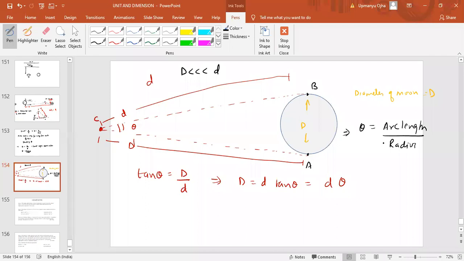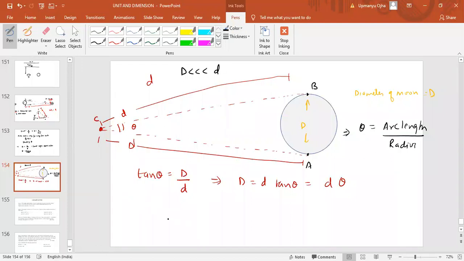So it is not necessary that it should be a right angle triangle. We can directly use the concept of theta here, which is arc length by radius. Arc length will be D, and radius is small d. Now here we are using degrees and radians.